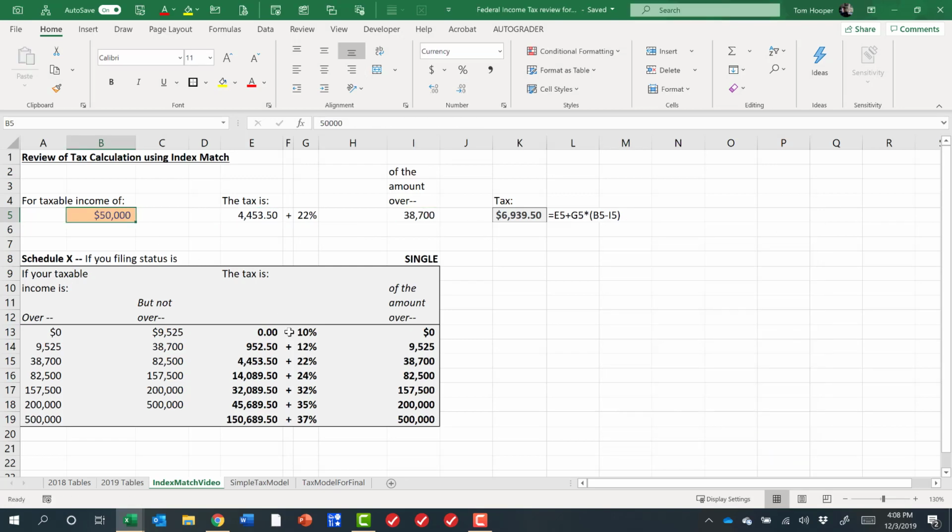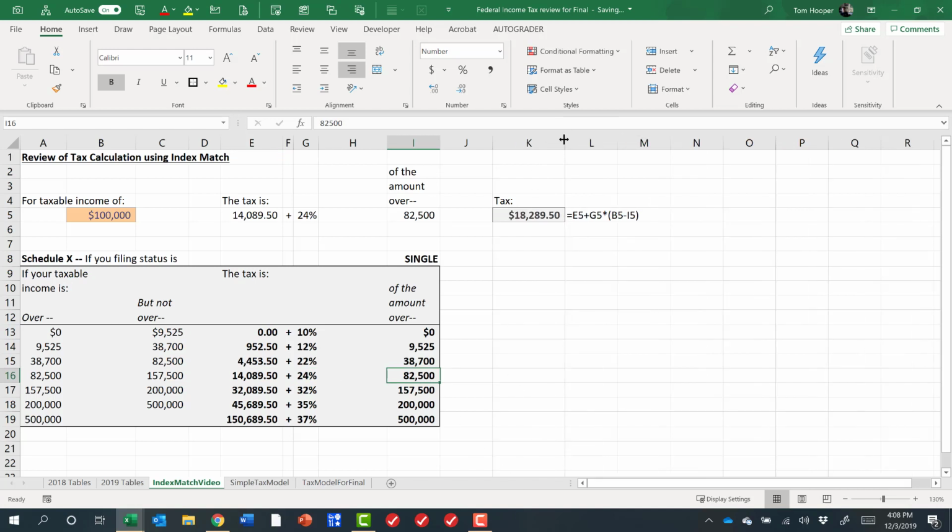Now if we change our income to 100,000, we're looking at the 4th row and pulling off the 14,000, the 24%, and the 82.5. And so now our tax is 18,000. So these are the calculations we did in Module 1. If you remember them, great. If you needed this review, then I hope it helped.